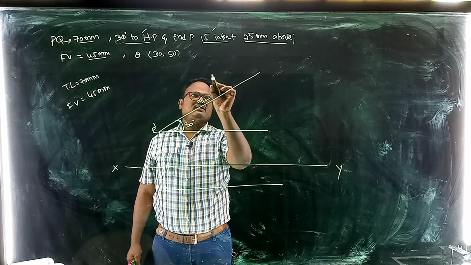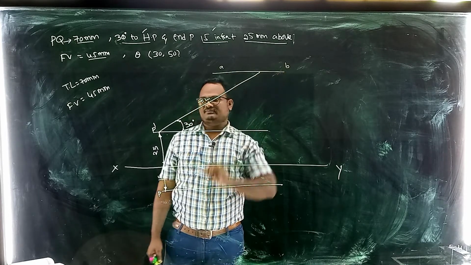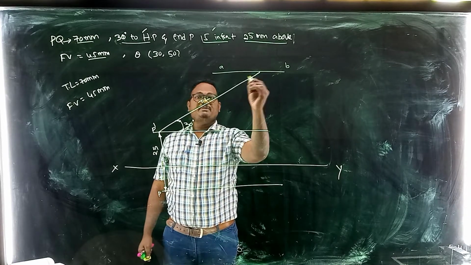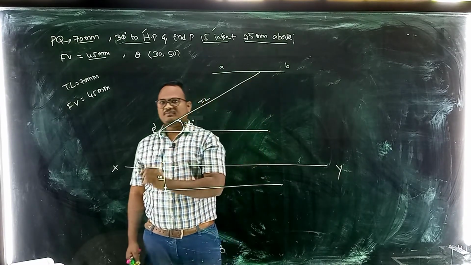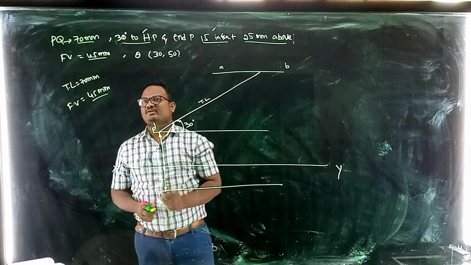Here, draw one locus line, AB. So P dash, this is a. What is given for the front view? 45 mm.